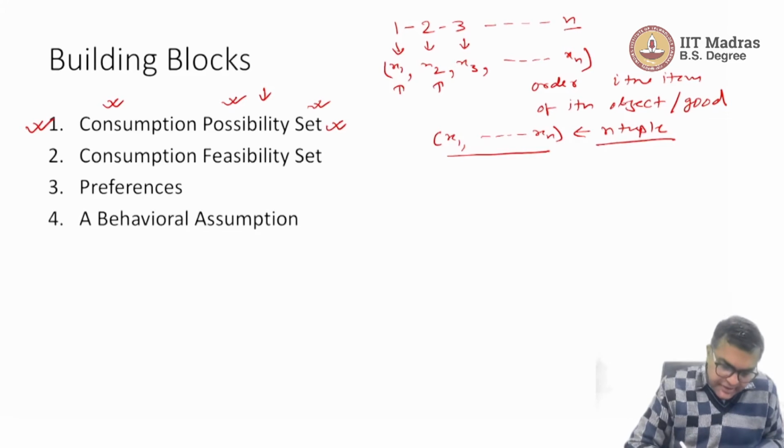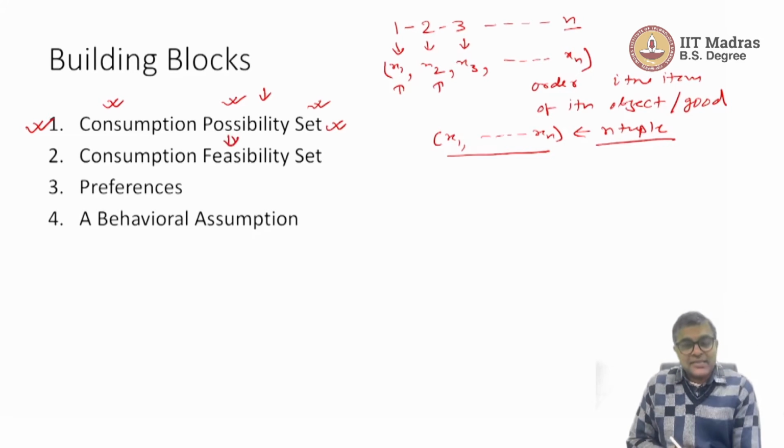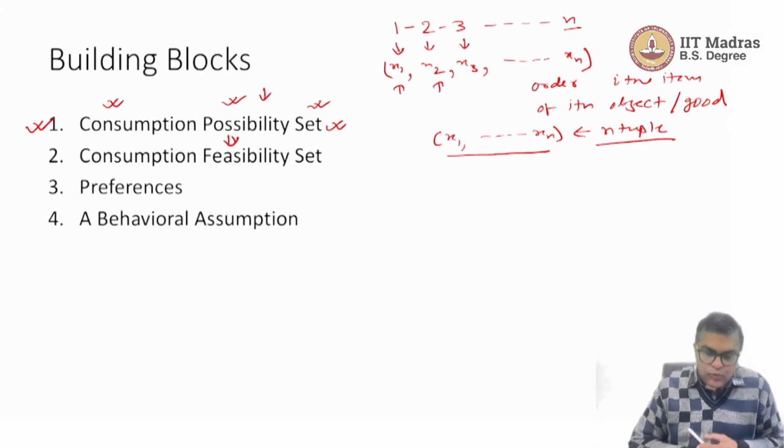From possibility we move to feasibility, and we will come back to all these points and discuss them in detail. How is feasibility different from possibility? So, one reason could be that something is not feasible as we do not have an adequate amount of money. So, that is how feasibility is different than possibility.